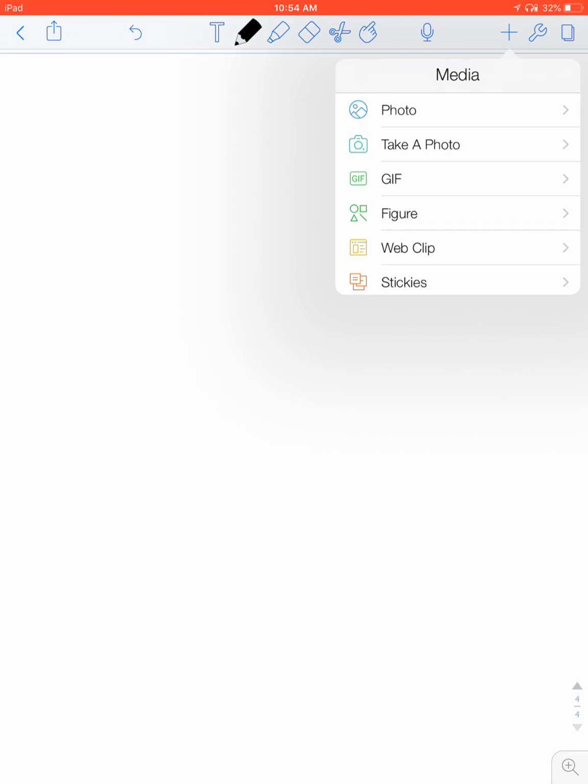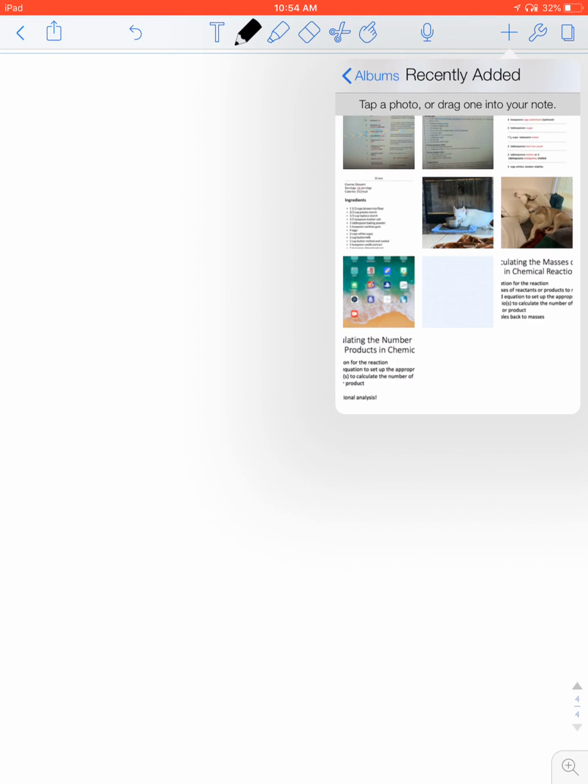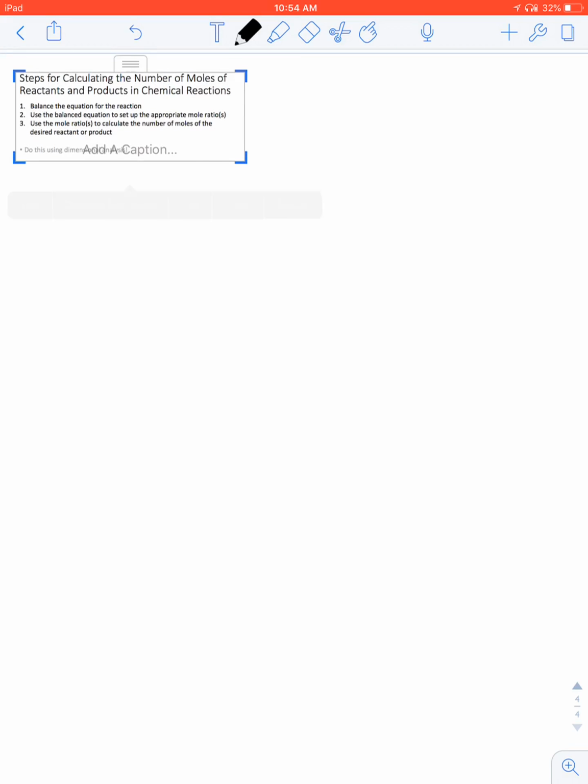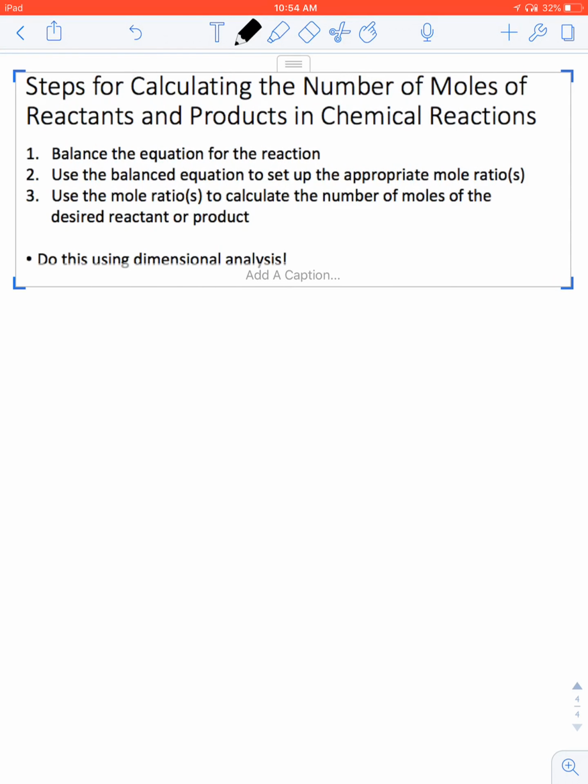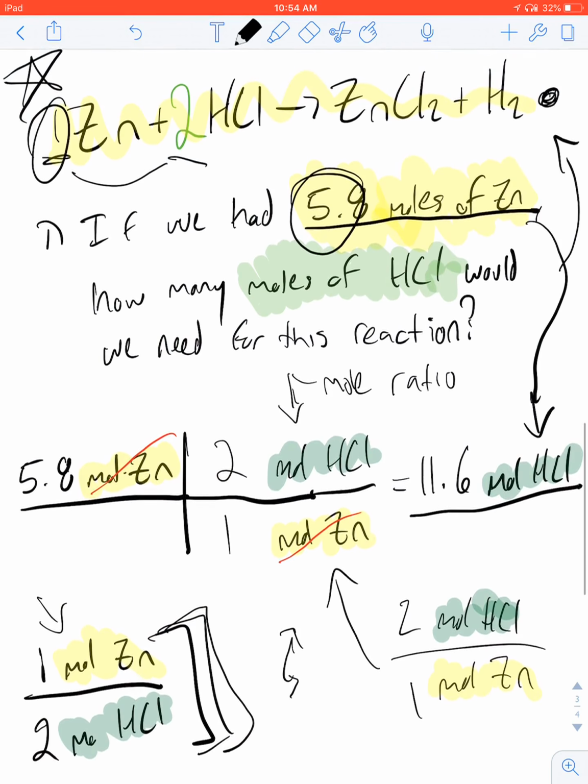Okay, so I have some steps here. There we go. So these steps here should be able to help you follow that same process that we just did in this example.